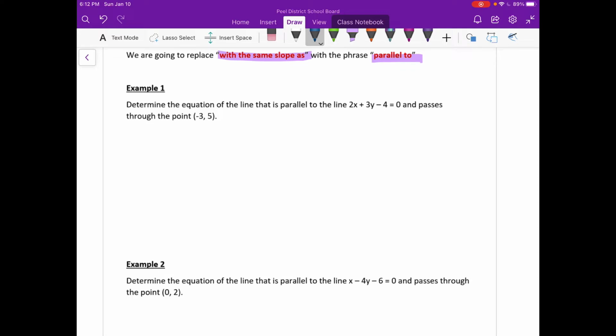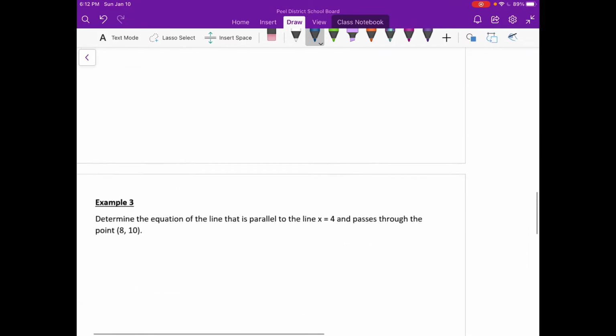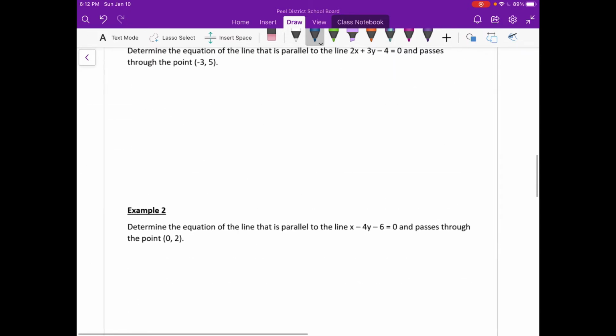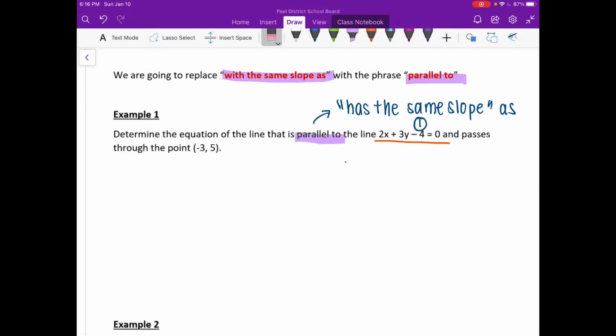I'm going to show you how to do example 1 step by step, and then maybe you can pause this video and do example 2 and example 3 and example 4 on your own, and then I will continue taking those up. So we are back to here at example 1, and it says we're going to determine the equation of the line that is parallel to the line 2x plus 3y minus 4 equals 0.